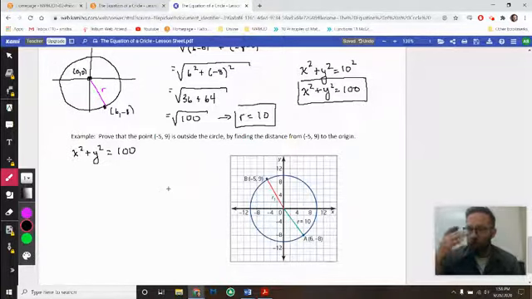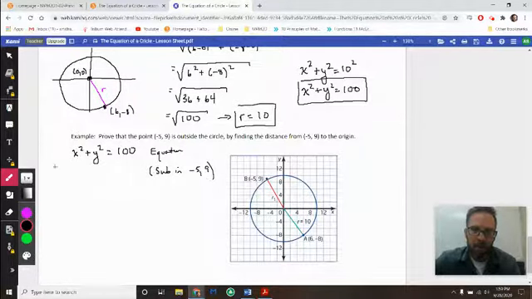So if you want to show if a point is outside or inside or on the circle, what you can do is you can just plug it into the equation. So let me show you what I mean by that. This is the equation of our circle, and I'm going to sub in minus 5, 9.